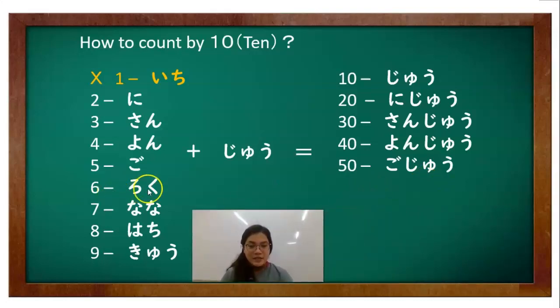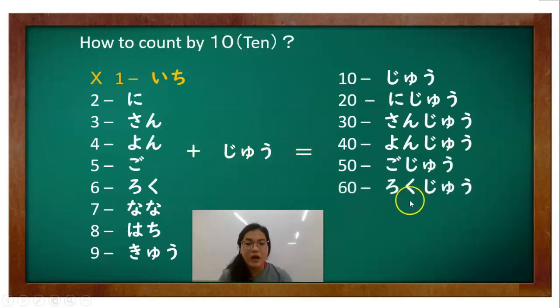Next, 60 is 6 plus ju equals rokuju. Okay? How about 70? So 70 is 7 plus ju, nanaju. Okay?